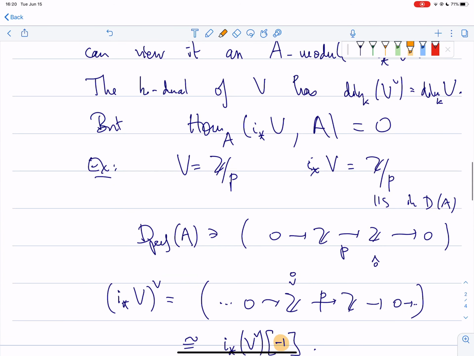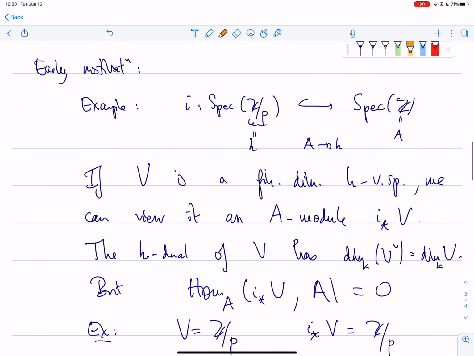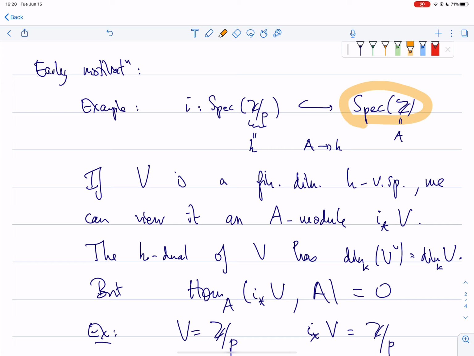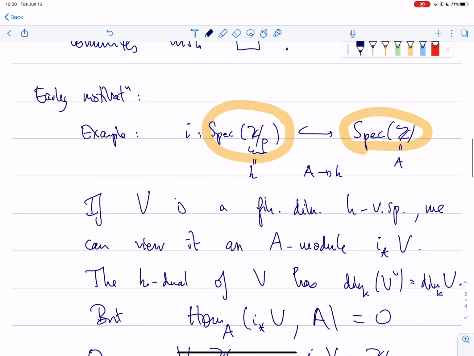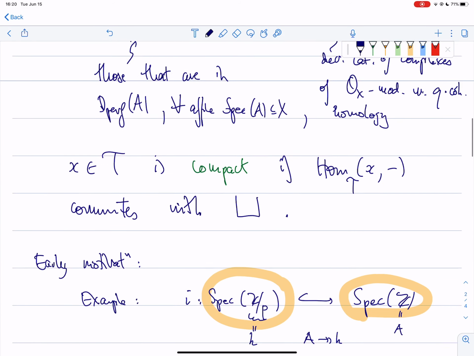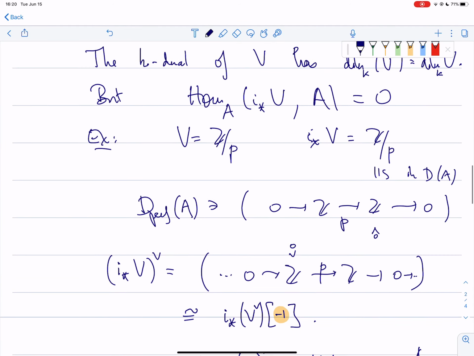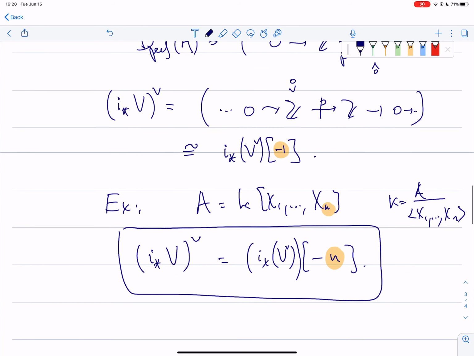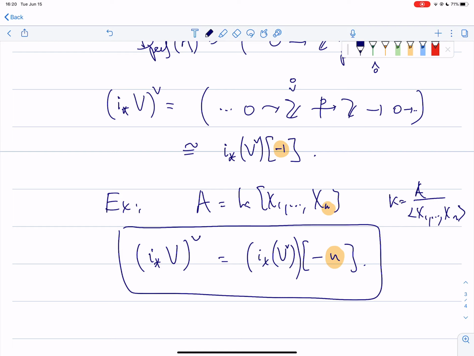So the 1 here is really the difference between the codimension of this, which is 1, and the codimension of that, which is 0. It's the relative dimension of this morphism. And that's one of the things that will appear in the Grothendieck duality story, which is the more systematic study of how the dual works with the push forward, this lower star construction.